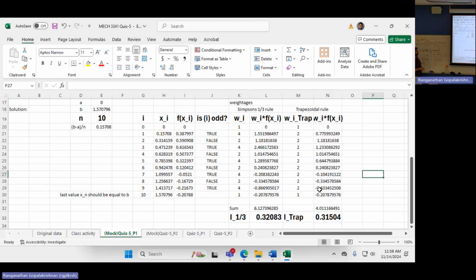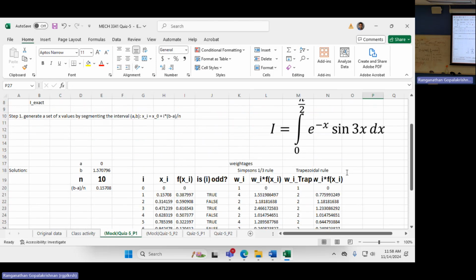So let's compute the analytic value for this integral. You can do this in your notebook and just tell me the answer, because we don't want to spend too much time on this.